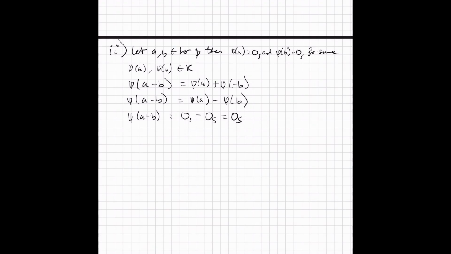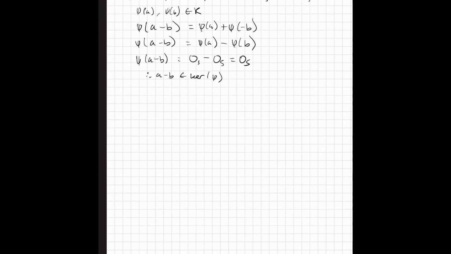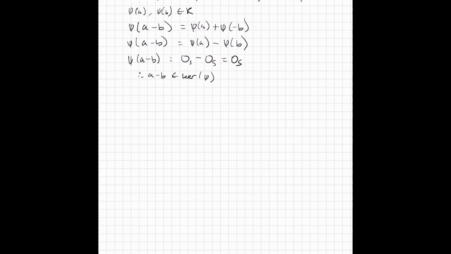So I've got that, and therefore A minus B is within the set, as 0S is in the set. Okay, now I'll do the third bit.